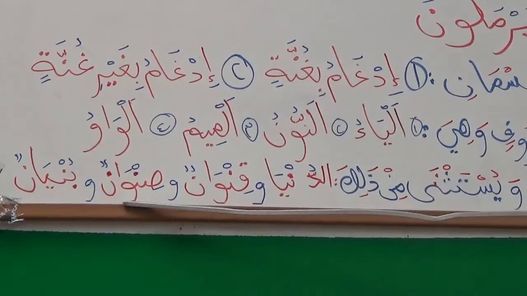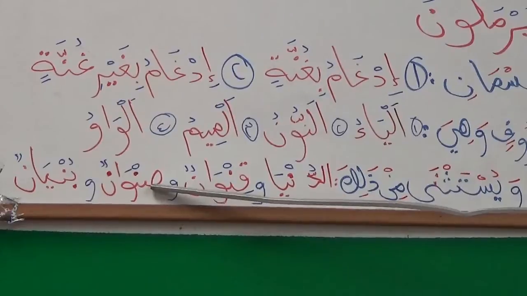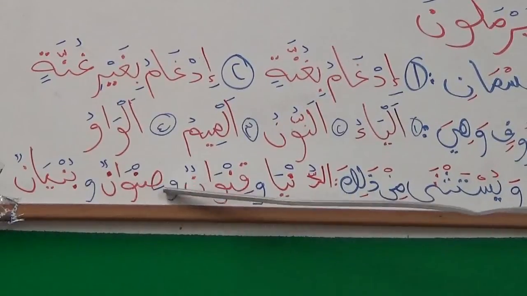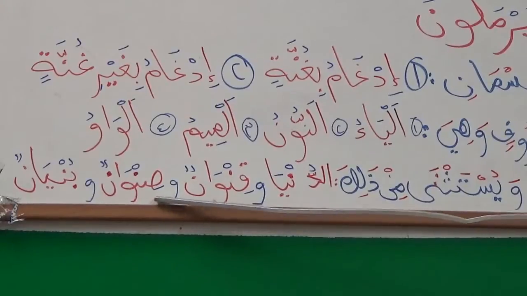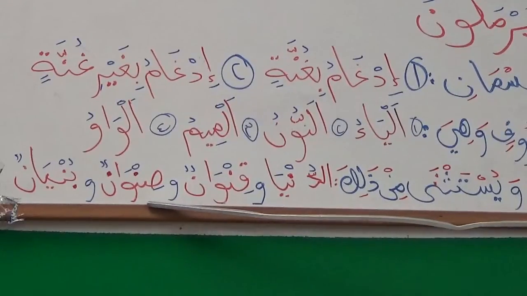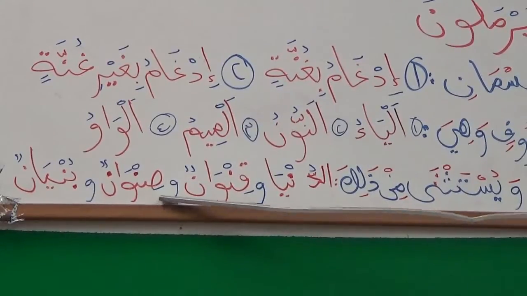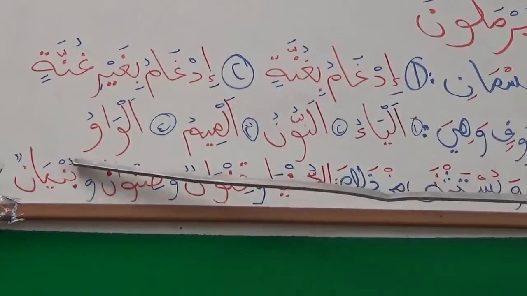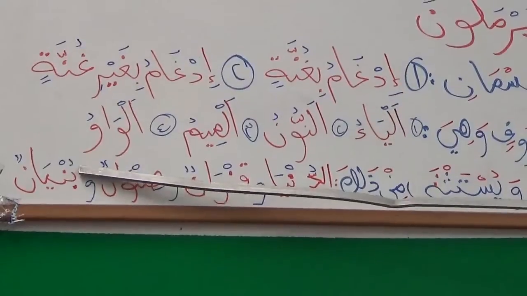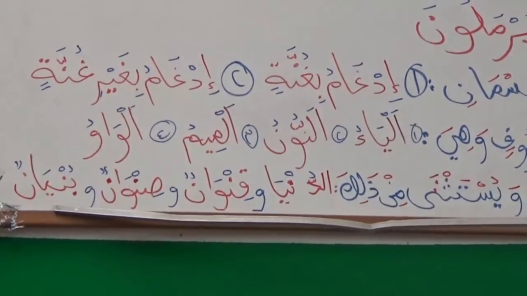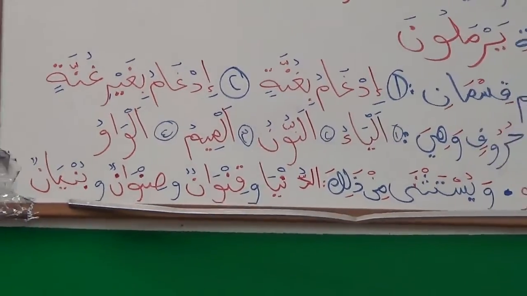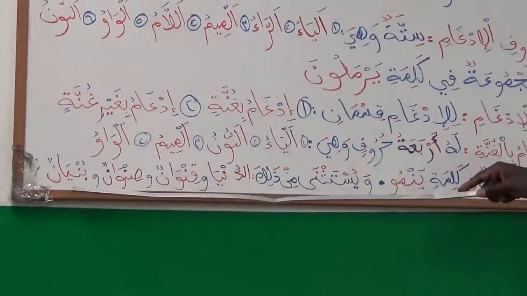Sinwan in Surah Al-Ra'd: a noon that has a sukoon followed by a waw in the same word. Do we have al-idgham bil-ghunna here? No, because they're in the same word. And the last word is bunyan. Do we have a noon that has a sukoon followed by a ya? Yes. Do we have al-idgham bil-ghunna here? No, because the noon and the ya are in the same word.